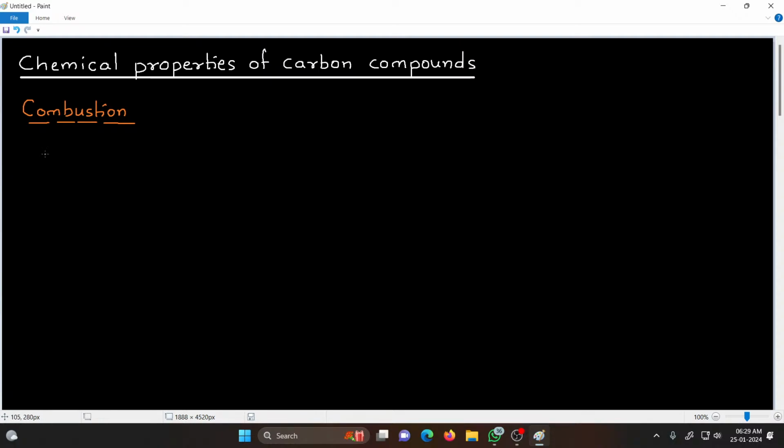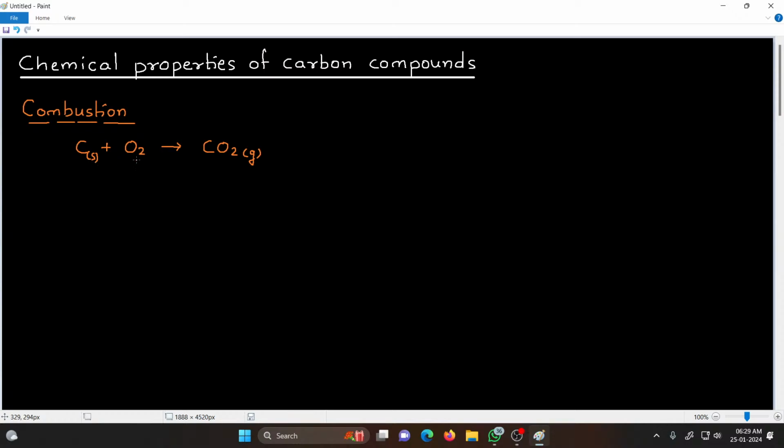and light. If only carbon is there, water vapor will not be generated. So the simplest combustion reaction is C plus O2, that is, carbon when burnt in oxygen will produce carbon dioxide gas.